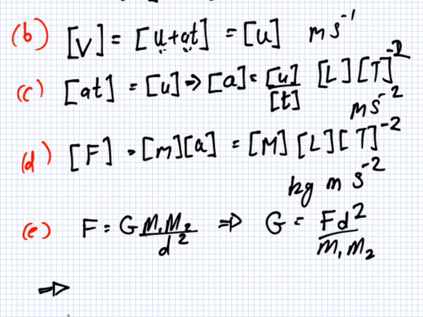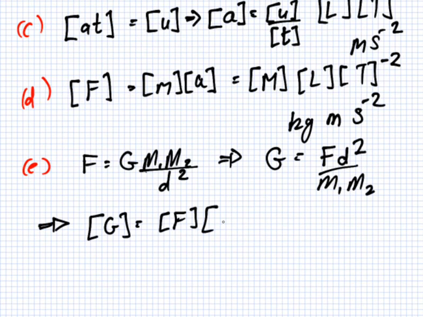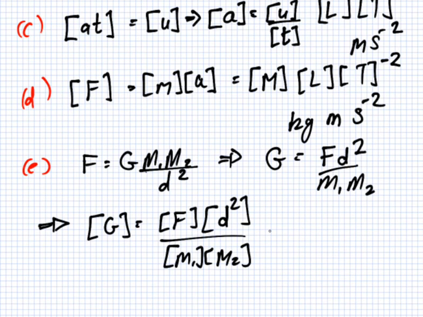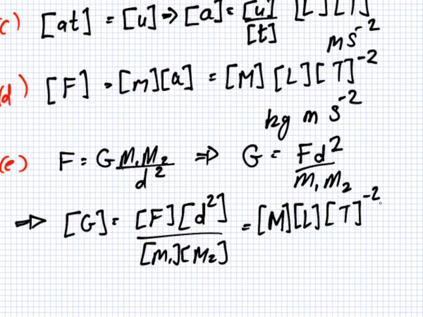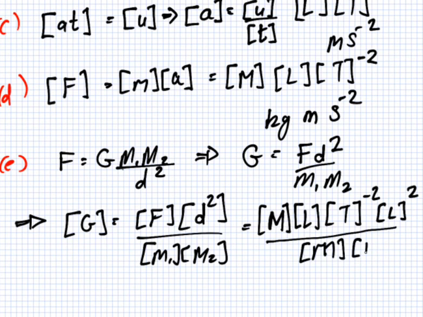So then that means that the dimension of G is the dimension of F, dimension of D squared over dimension of M1, dimension of M2, which would be, so the F we just had is M L T minus 2, and now the D squared, that will be L squared, and then this is an M, and then this is an M.